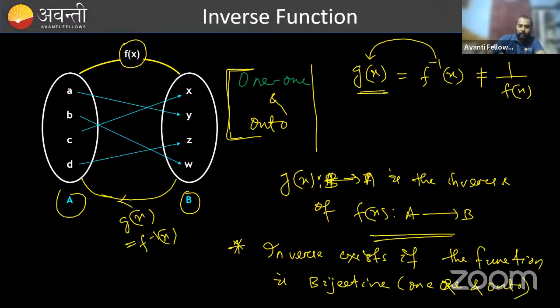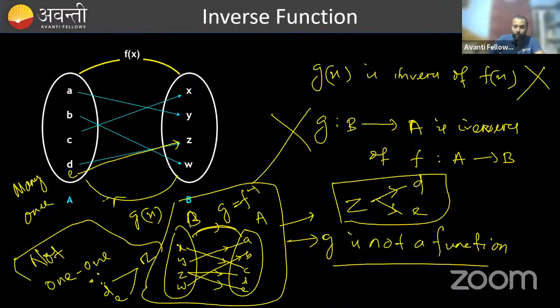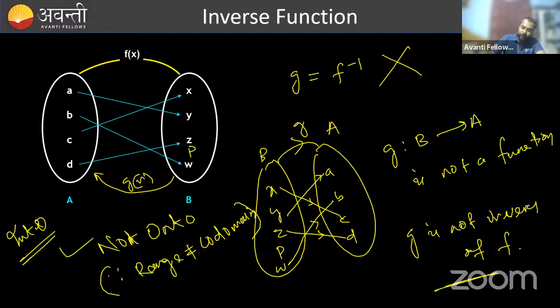Look, when the function is not 1-1, the function is not invertible. When the function is not onto, this function is not invertible also. Why? Here you can observe, when we are taking this function F is not onto, right? Why is it not onto? Because the codomain is not equal to range.